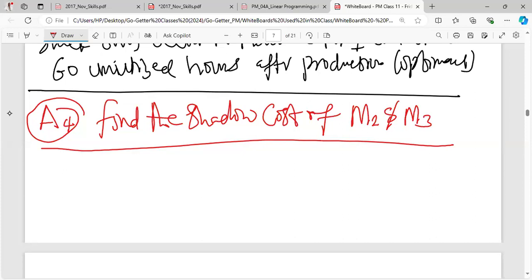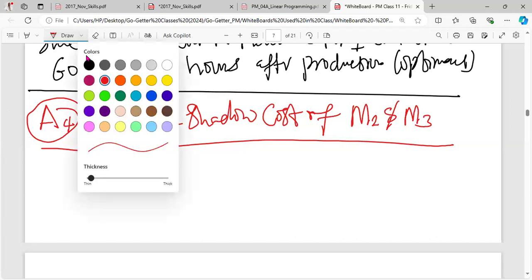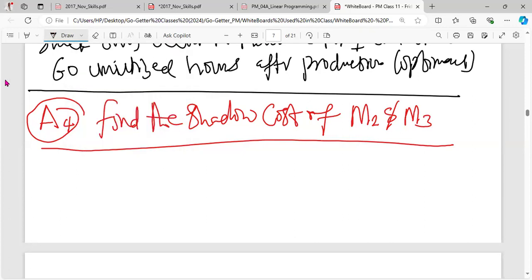Now, what is the theory of this shadow cost? Shadow cost is saying that, assuming you have the power or the ability to increase your machine hour by just 1 hour, what will it cost you? Or how much contribution will you earn? That is called shadow price.